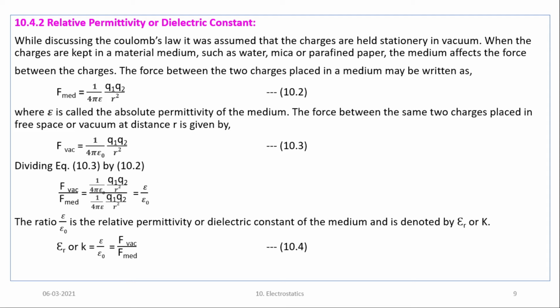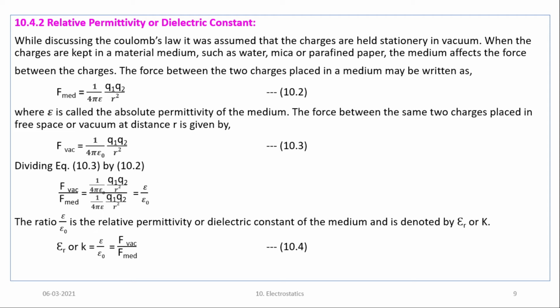So let us find the force of interaction between two point charges when kept in a medium like water, silica or paraffin paper, which is F medium is equal to 1 upon 4 pi epsilon Q1 Q2 upon r square, where epsilon is the absolute permittivity of the medium.